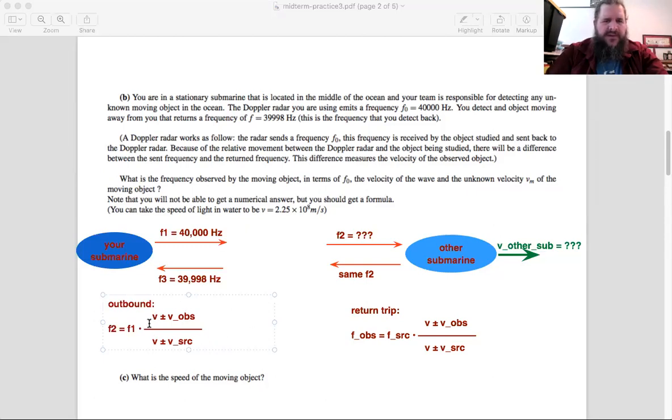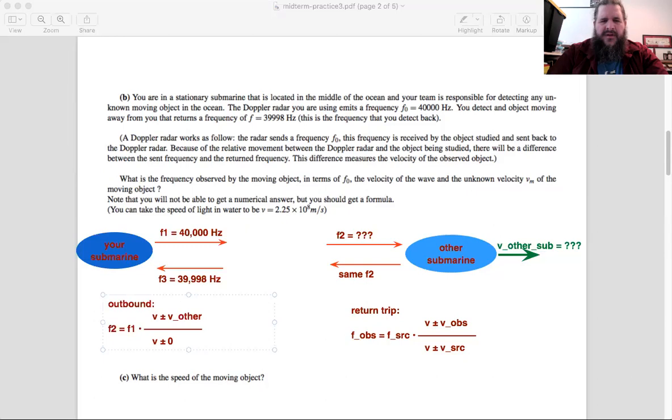And then V is going to be speed of light in water, which is given. That's the 2.25 times 10 to the 8th. I'm just going to leave that as V for now. We can fill it in later if we need to. And then V observer, we don't know. That's the speed of the other sub. But V source, you're not moving, so that's just going to be 0.